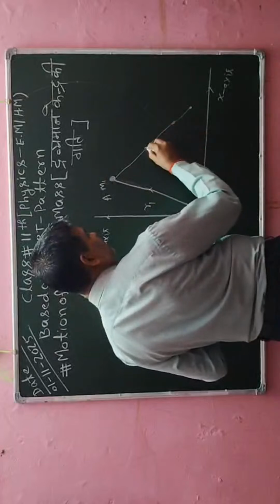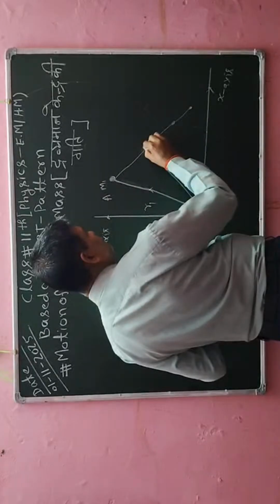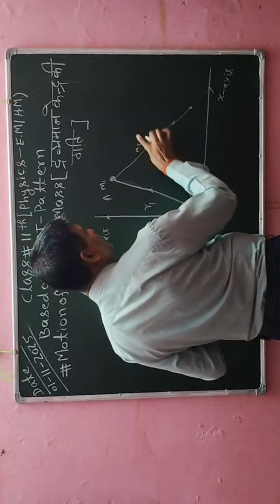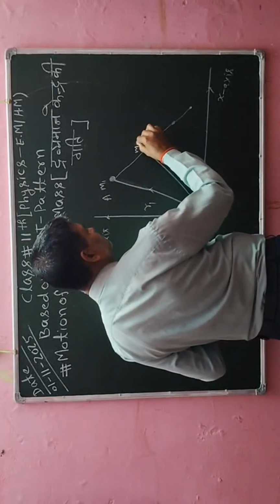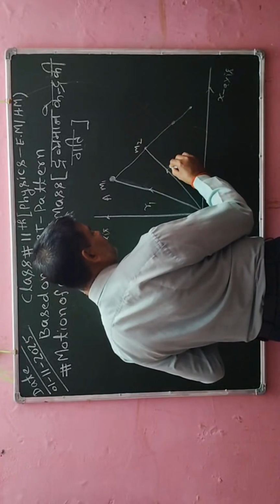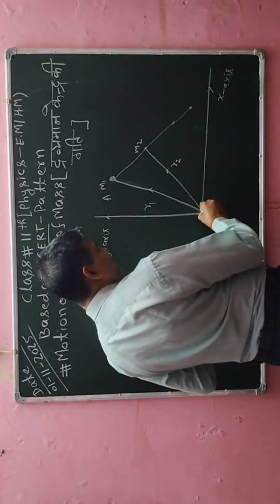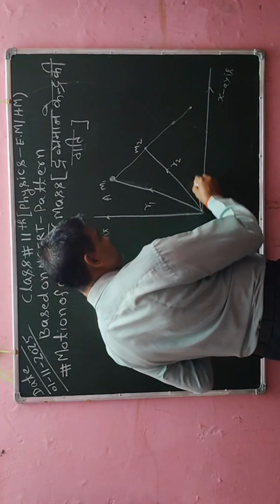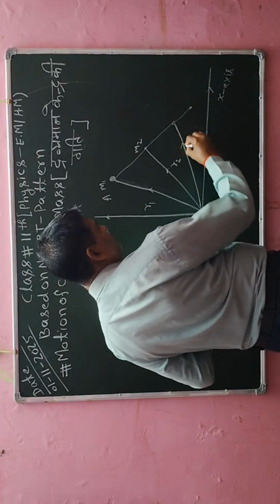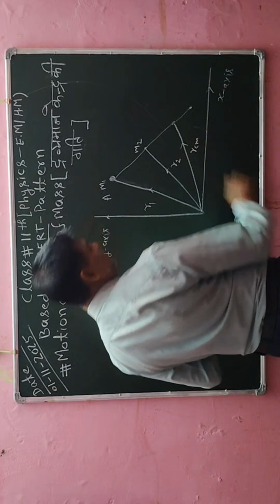Similarly, I have taken another object which has mass m2, and its position vector I have to write here as r2. Similarly, I will say the center of mass will be the vector rcm. CM stands for center of mass.